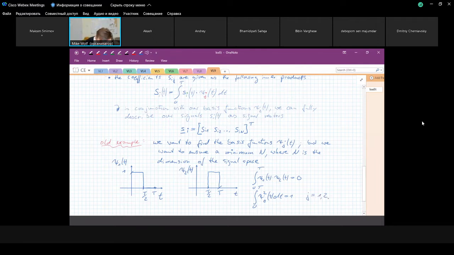And then you immediately see if I write square root of 2 by T, and if I square this value, I get 2 by T. And then I integrate over a time T by 2, and then the energy is 1. So this is the required energy weighting. We need an energy weighting which ensures unit energy basis functions. And this is solved by writing here for these examples square root of 2 by T.